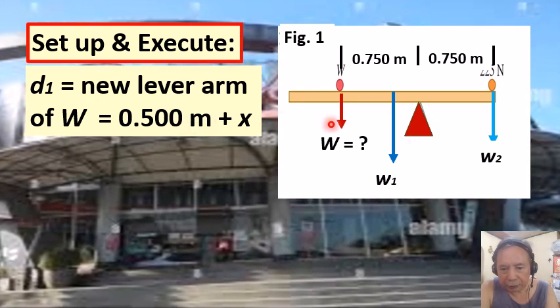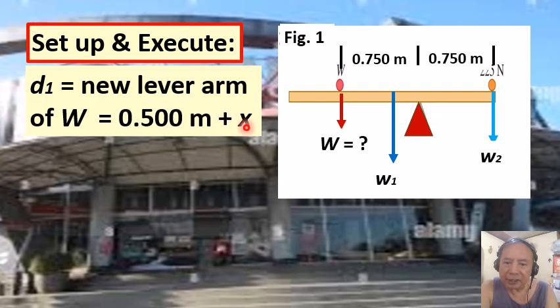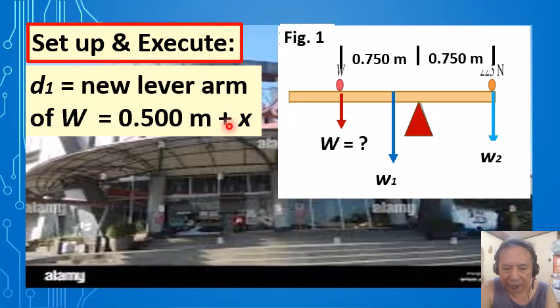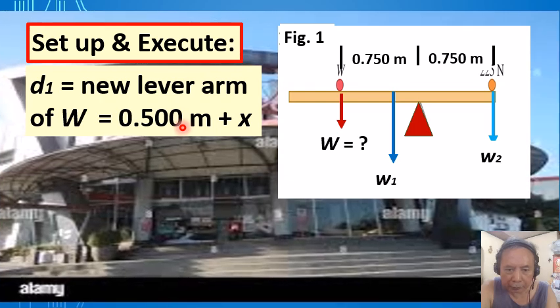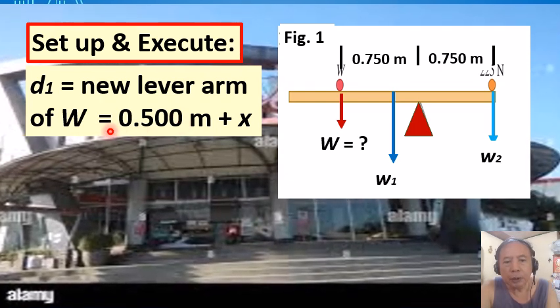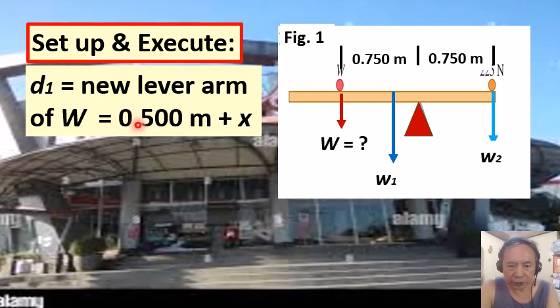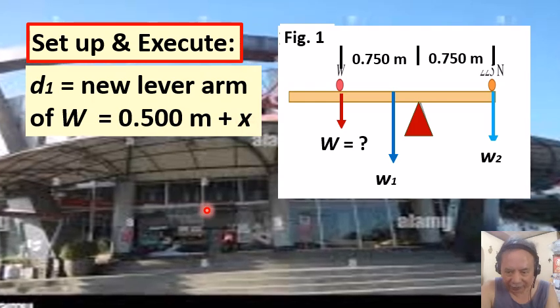But since the fulcrum is moved a distance x to the right, then we have to add that to 0.500 meter. The new lever arm of W, therefore, is equal to 0.500 meter plus x.